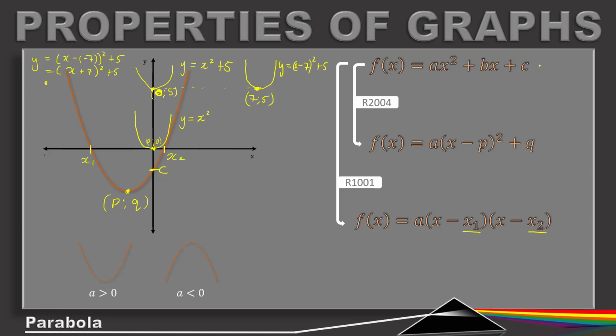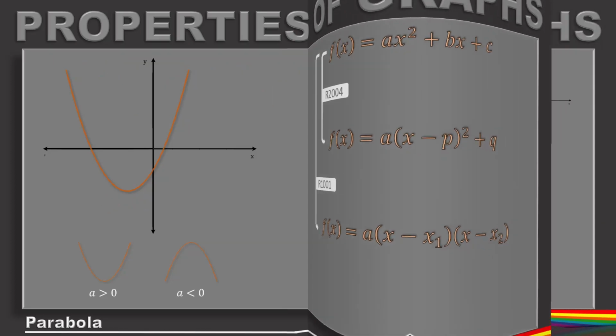If you have the function in the standard form and you want to find the x-intercepts, you're going to factorize it, equate it to 0 and solve for it, and that's where the x values come in. But we're also going to go into more detail with that when we actually plot graphs, or when the question says find the x-intercepts and so on. Okay, so that is just the basics of the parabola.